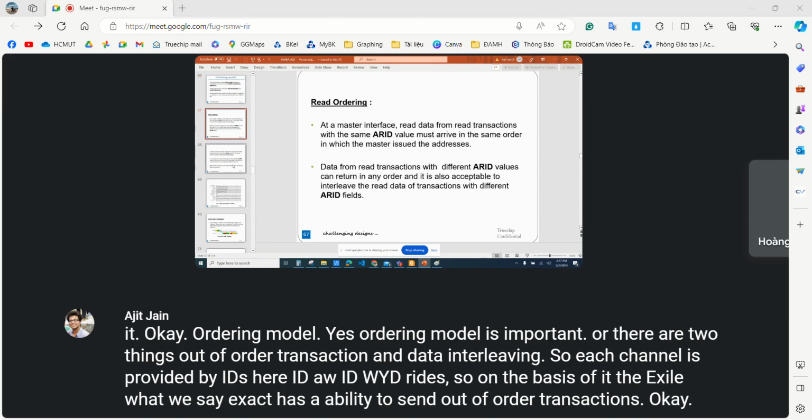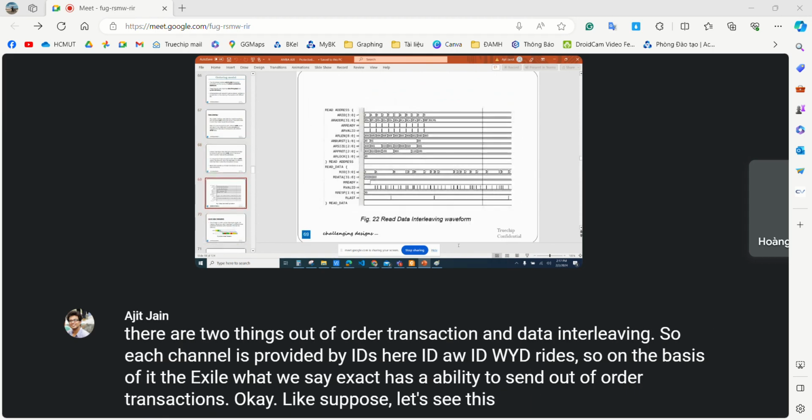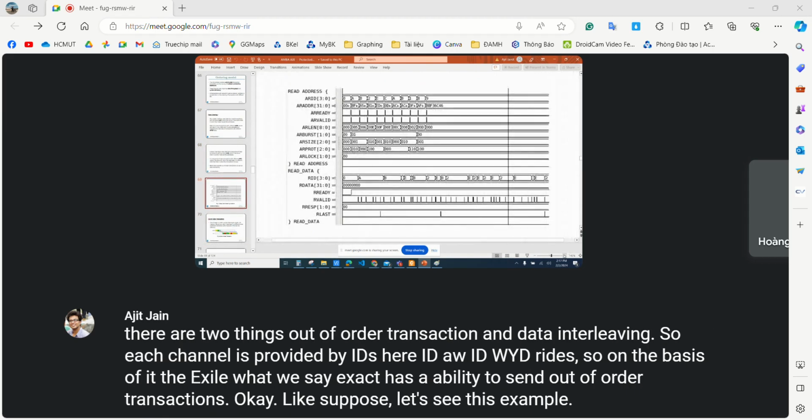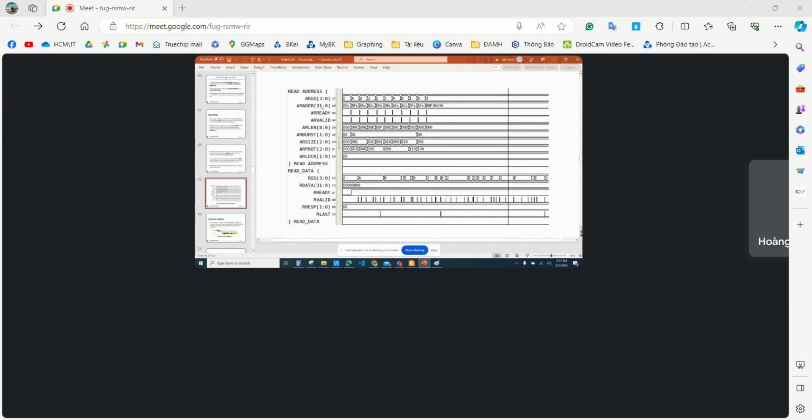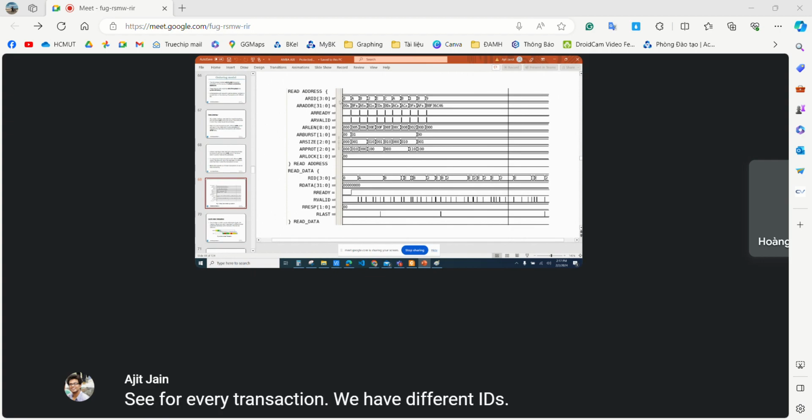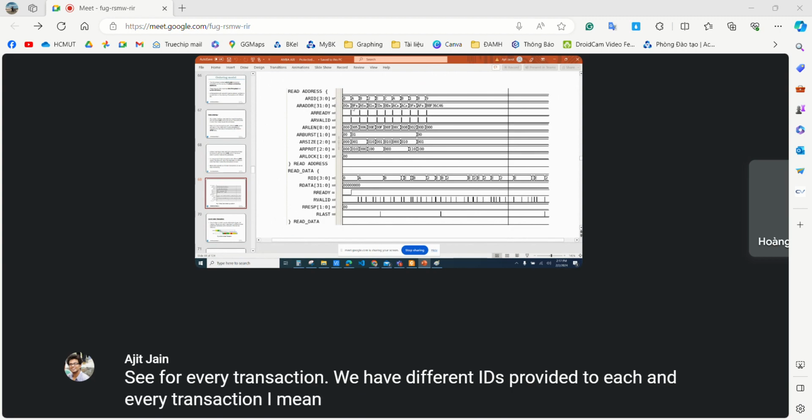Like, suppose, let's see this example. See, for every transaction, we have different IDs provided to each and every transaction. I mean, with every address, we have different IDs. Okay.